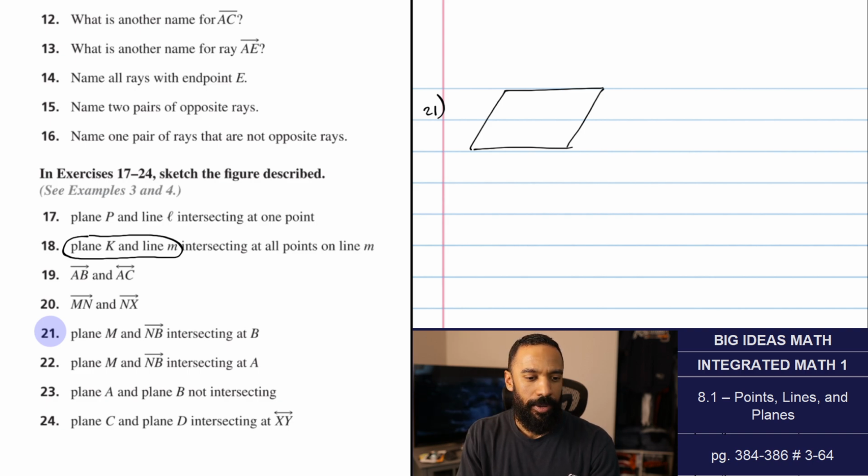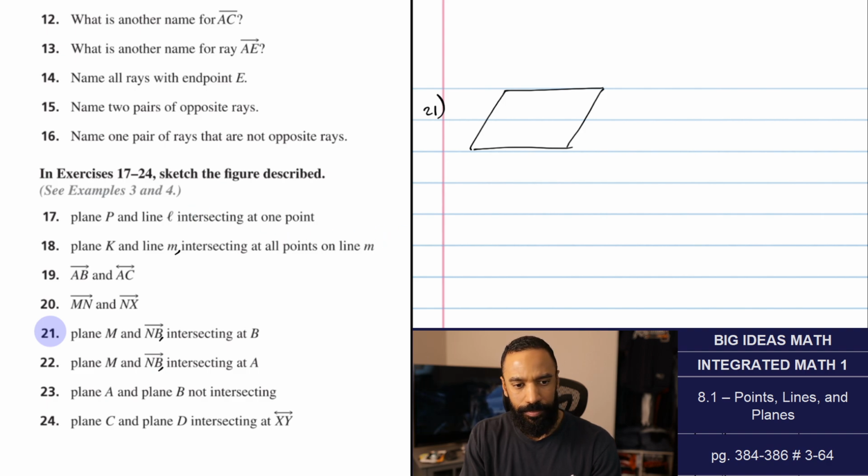I don't know if a comma would help in these instances, just to take out ambiguity. Okay. Plane M and ray NB. Now, I'm going to draw N up here, the endpoint for the ray.